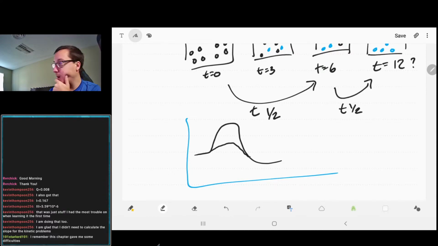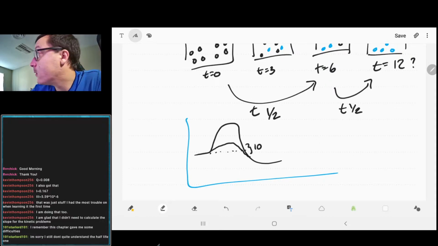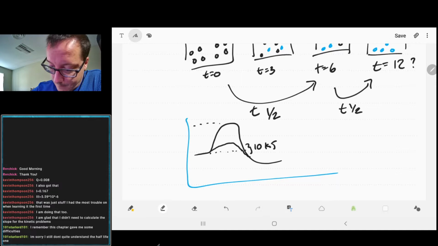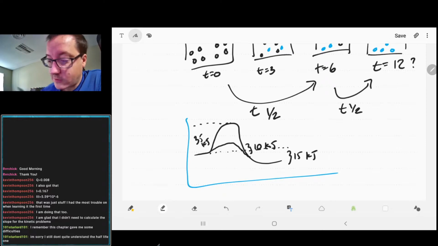We have another one in there. All right, and we're told that this is 10 kilojoules. That's 35 kilojoules here. And then we have 15 kilojoules. Gosh, I'm terrible at drawing these.